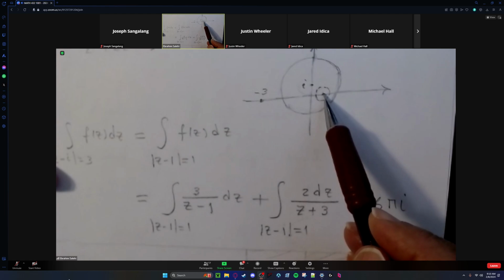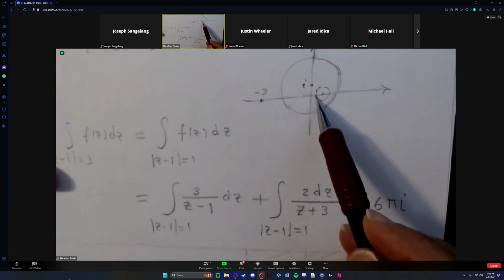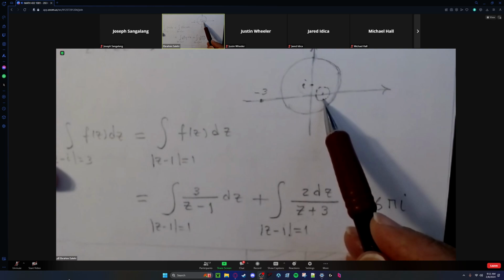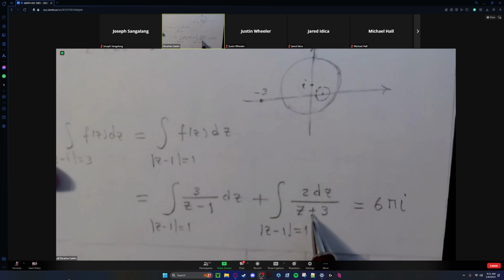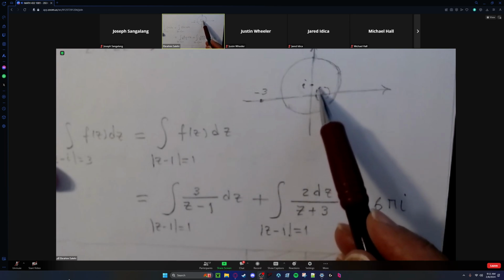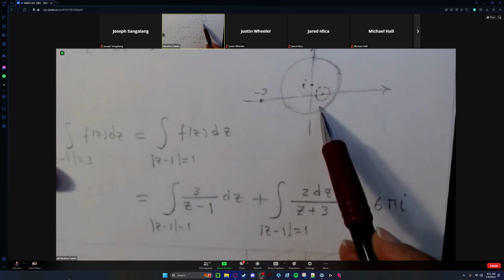The center is 1. If I integrate over this curve, this function doesn't have a bad point here. It's analytic here.